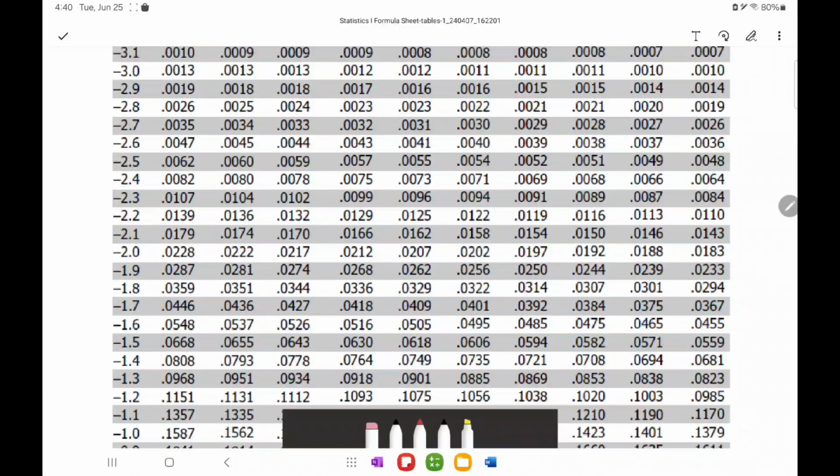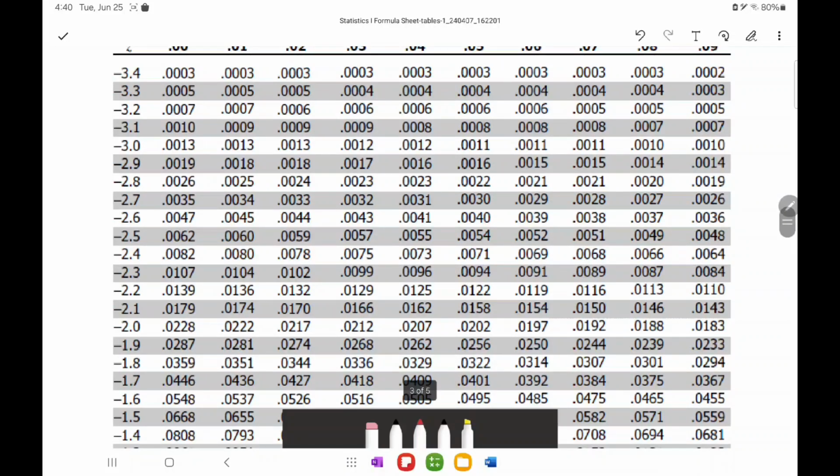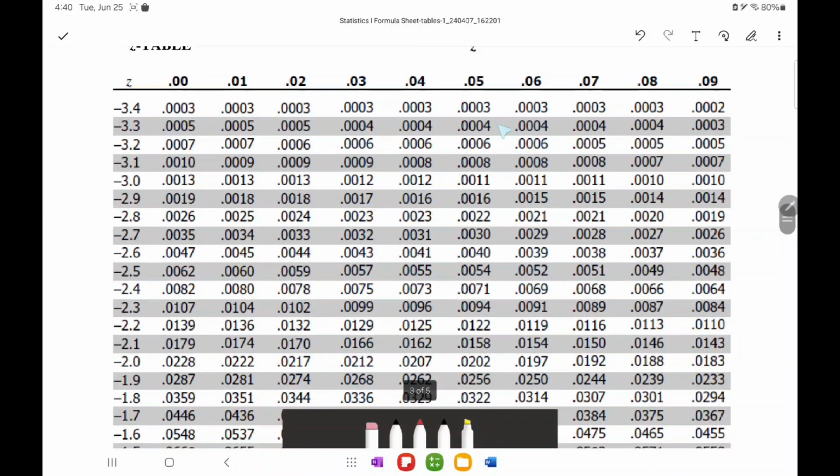Okay, I got my pens out. So negative 1.2 is here, and up here is 0.02.